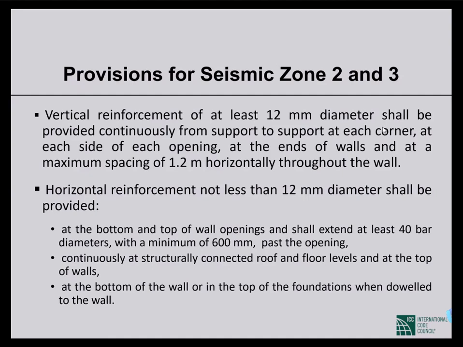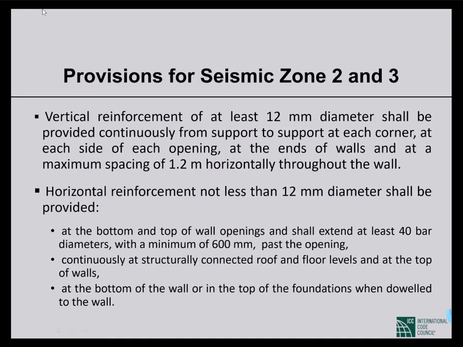Provisions for seismic zones 2 and 3. We have different sets of provisions for seismic zones 2 and 3 and seismic zone 4. For seismic zones 2 and 3, vertical reinforcement of at least 12 millimeter diameter shall be provided continuously from support to support at each corner, at each side of each opening, at the ends of walls, and at a maximum spacing of 1.2 meters horizontally throughout the wall.